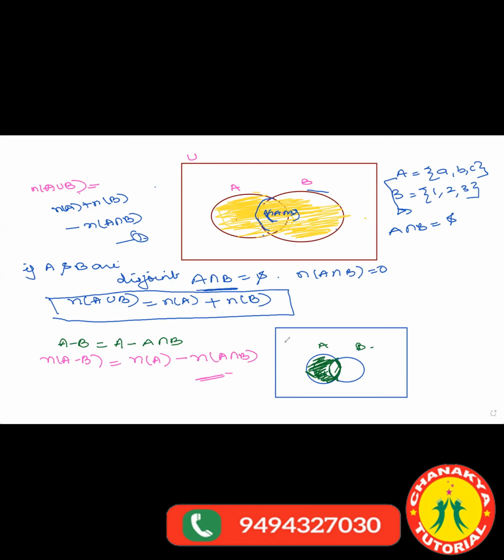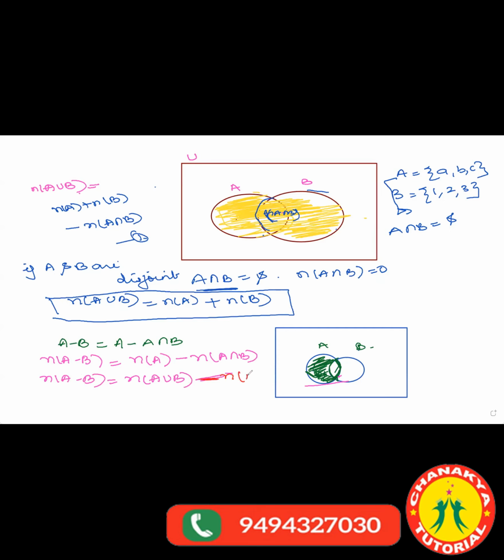Now another thing. If you are subtracting B from A union B, the number of elements in A union B minus n(B).